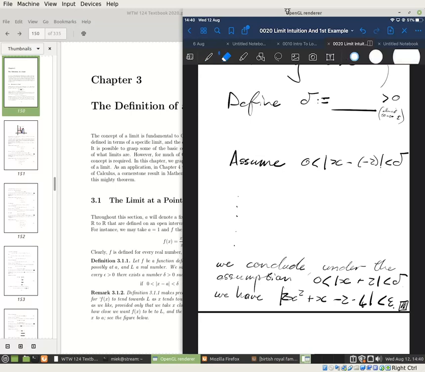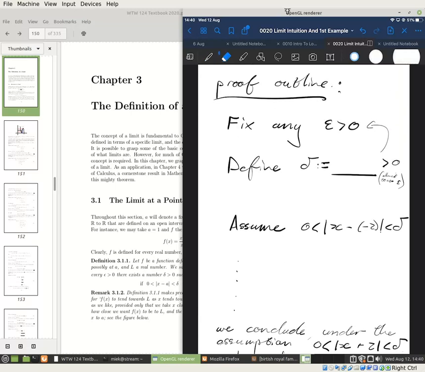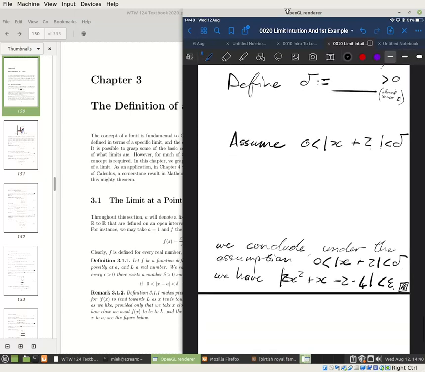Okay. Let me erase that and replace that, because minus 2 is plus 2. What are we interested in? We are interested in this expression, 2x squared plus x minus 2 minus 4. If we simplify, 2x squared plus x minus 6.